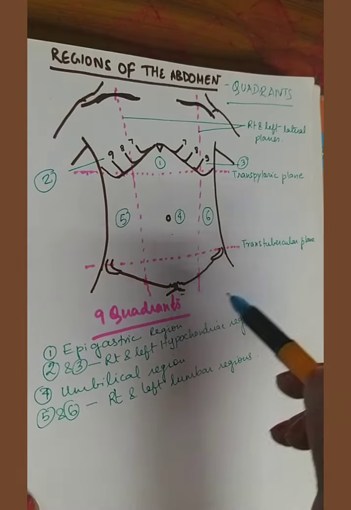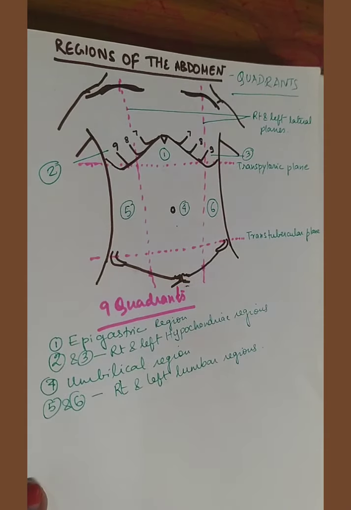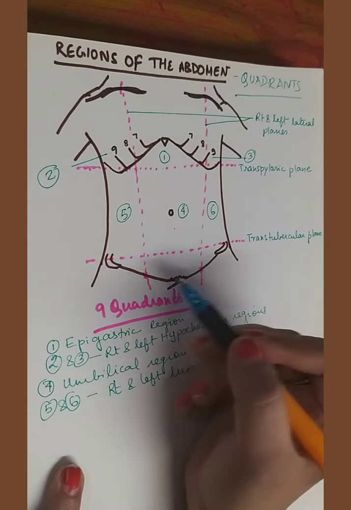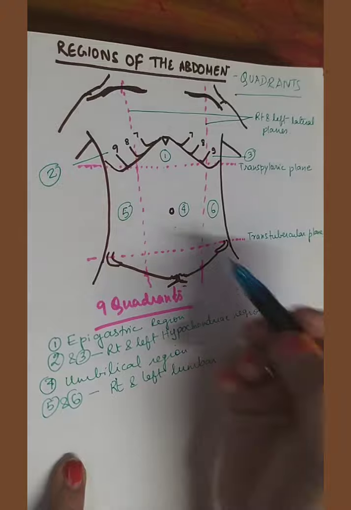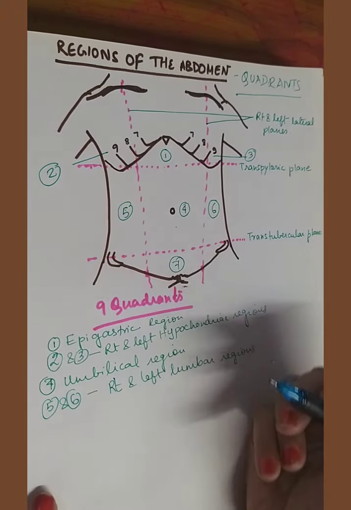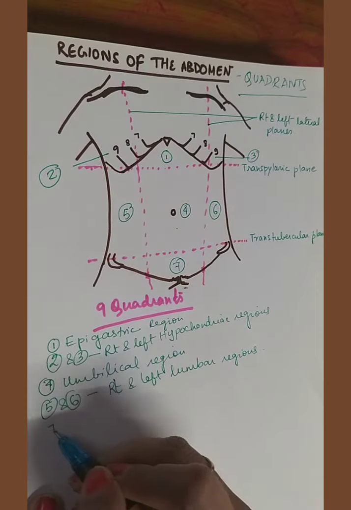Now coming to the lower zone, it has again three quadrants. The middle one is the hypogastric region.